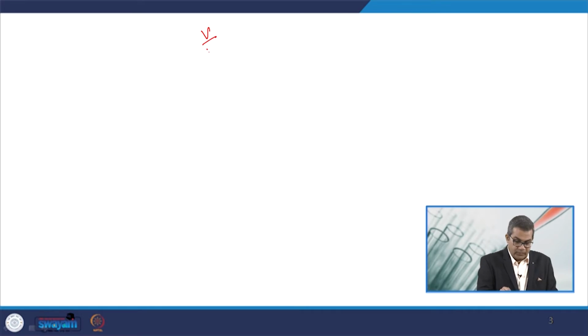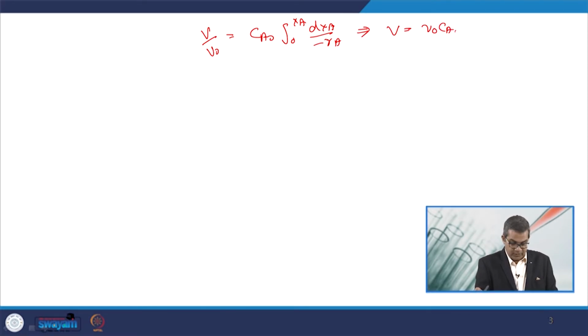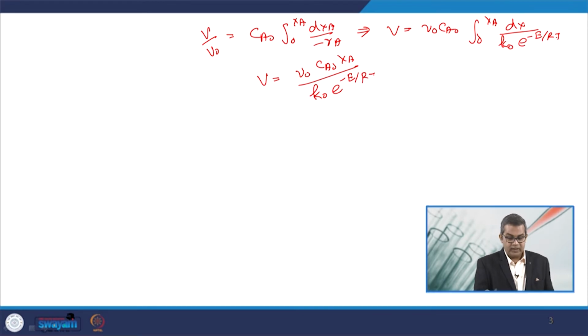So V upon V naught is equal to Ca naught integral from 0 to Xa of dXa upon minus Ra, that is V is equal to V naught Ca naught integral from 0 to Xa of dXa upon K naught e to the power minus E upon RT, or V is equal to V naught Ca naught Xa upon K naught e to the power minus E upon RT.